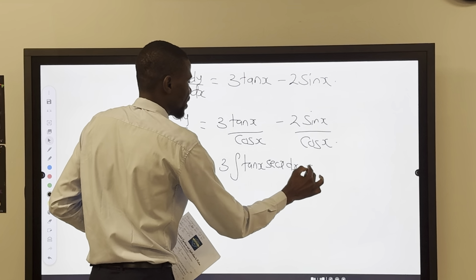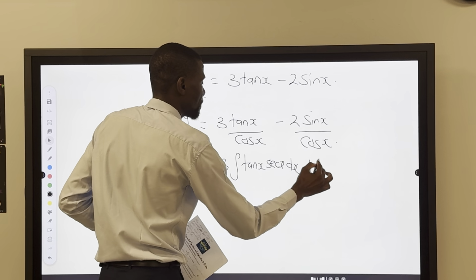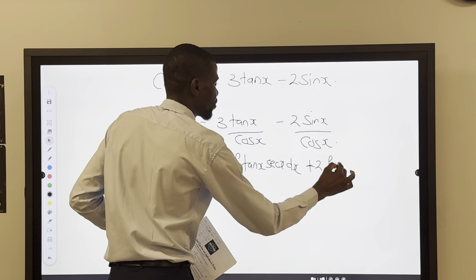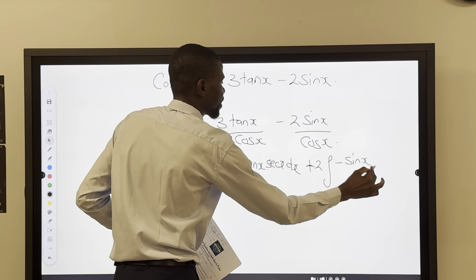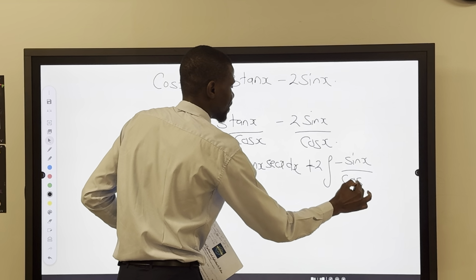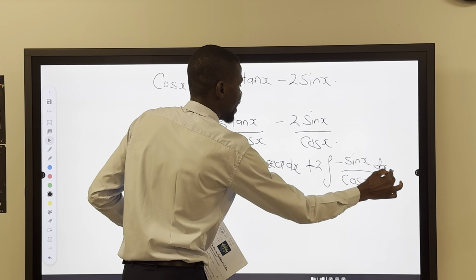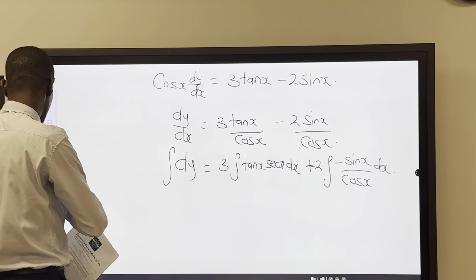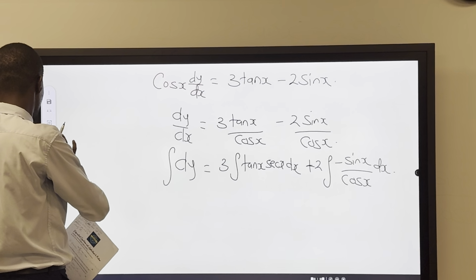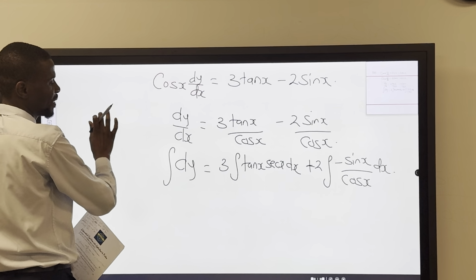Then I'll do the same here, but I'm going to put a plus there, then I'll put the 2, then I'm going to put a negative inside. I will explain why I did that. Then dx, right? So now allow me to make some annotations here.